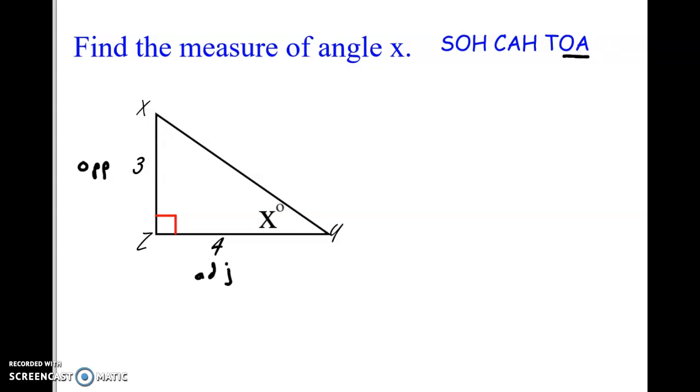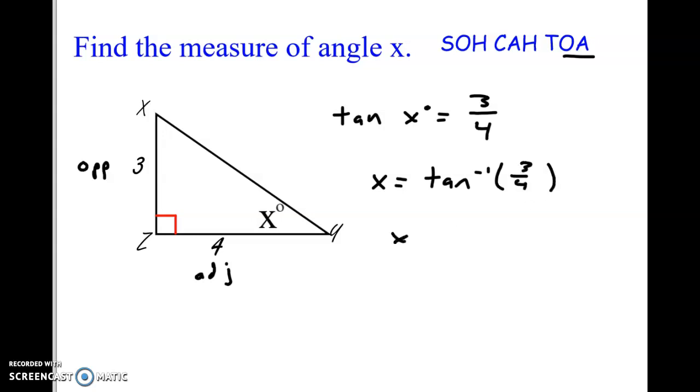And opposite over adjacent is tan. So I know that the tan of my angle x, that ratio, is 3 opposite to adjacent, 3 to 4. So to find x, you just do inverse tan. So x is going to be tan minus 1, and then you send in the ratio of 3/4, and it'll get you the angle for x.